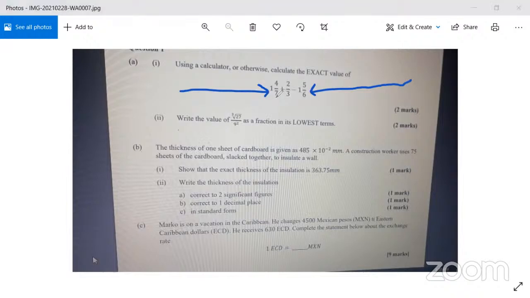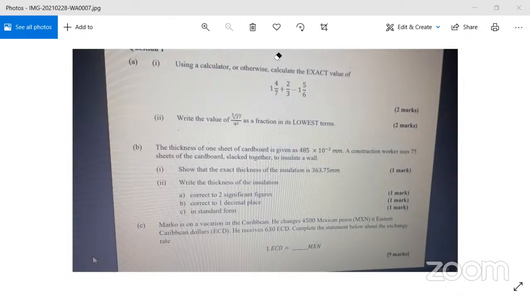Okay. So we have 7, we have 3, and we have 6. Now it really depends on what you want to do here, right?